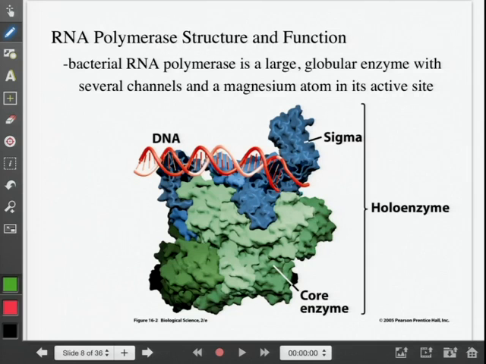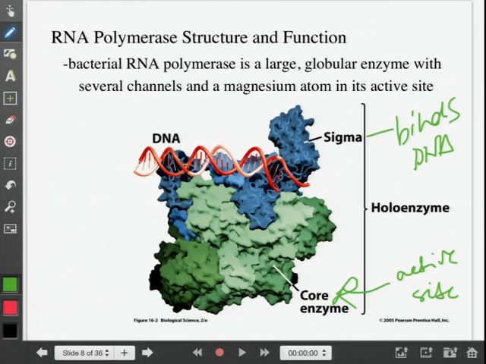The sigma factor's job is to bind to the DNA sequence in the promoter. Okay? So this one actually binds the DNA. This one has the enzymatic function, right? So the active site.